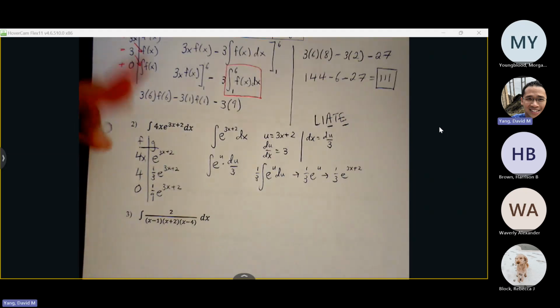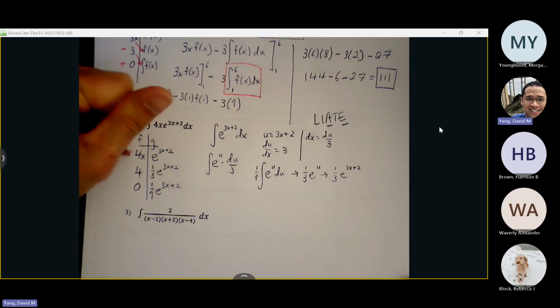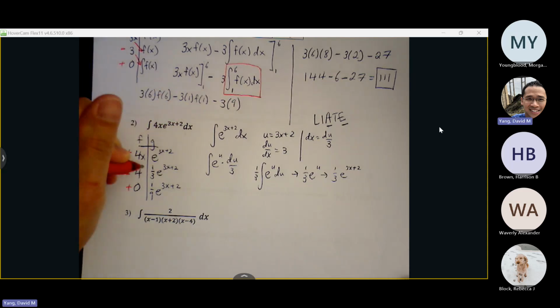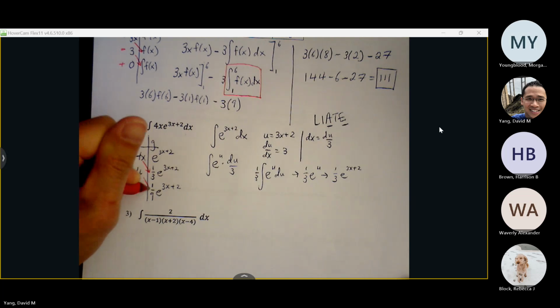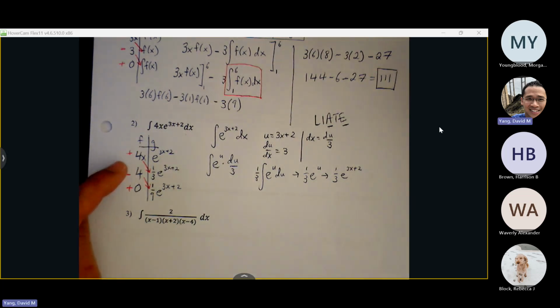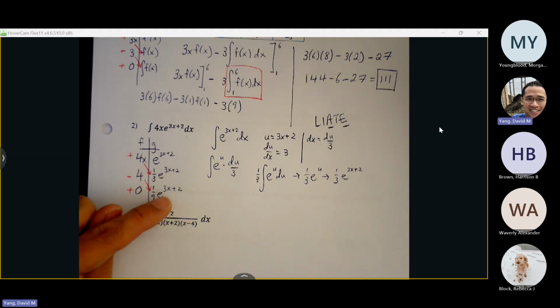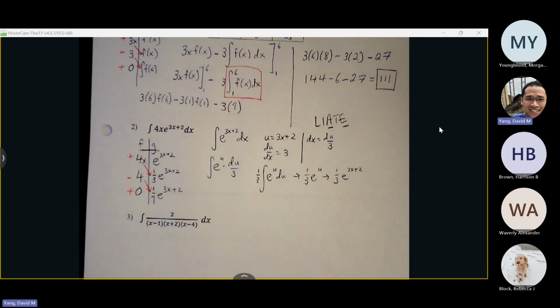So now we can go through our pairings, positive, negative, positive. So we get 4/3 x e to 3x plus 2 minus 4/9 e to 3x plus 2, and then plus c.